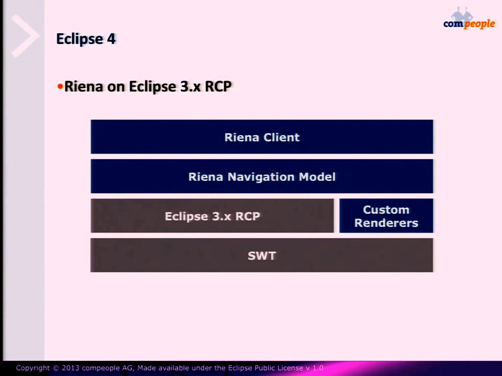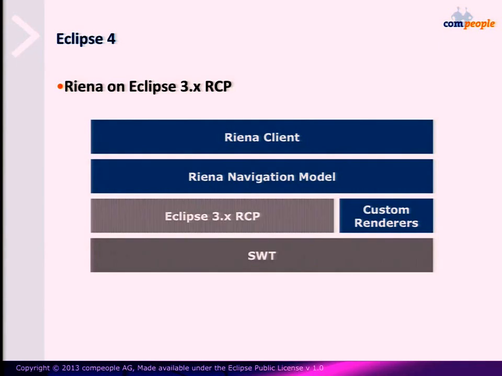Because we use a lot of rendering, because our application looks so different in RAP than RCP, we had to do some stuff. Here is the Riena client on top, and then underneath it is the navigation model. Then there is this Eclipse 3.x RCP API, and we have some custom renderers.